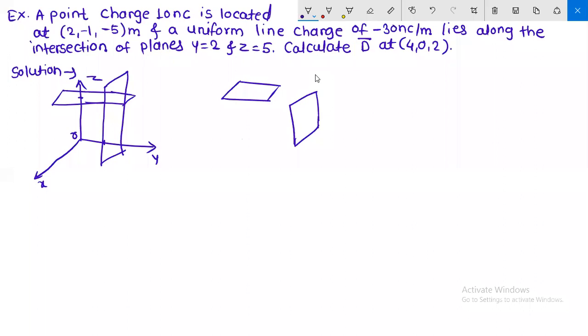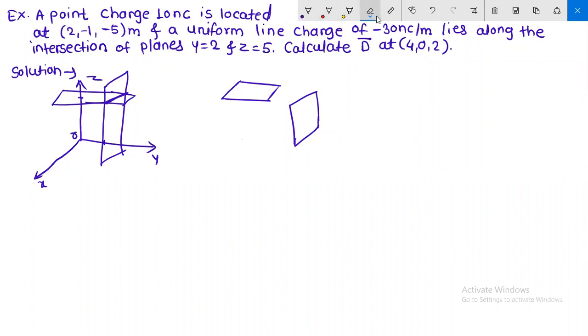So if I consider this as the intersecting line, this is the line. Now tell me, this line will be parallel to which axis? X, Y or Z axis? The line will be parallel to which axis? X axis.